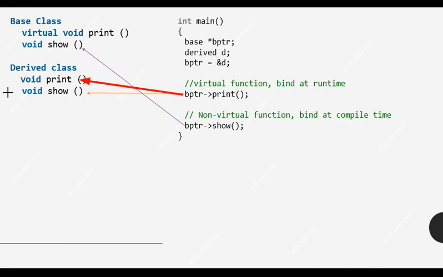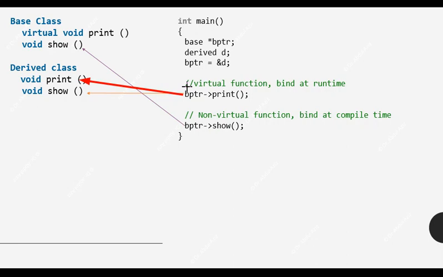So always remember, whatever the type of the pointer is, if it's a virtual function, the other part will be executed, which means if the type of your pointer is base, the derived class function will be executed, and if the type of your pointer is derived class, you will experience that the base class function will be executed if it is partial virtual.